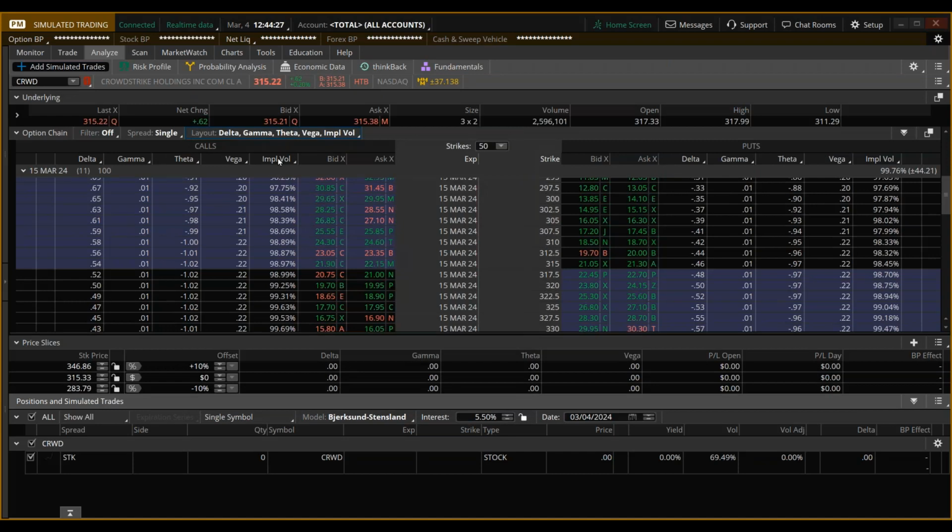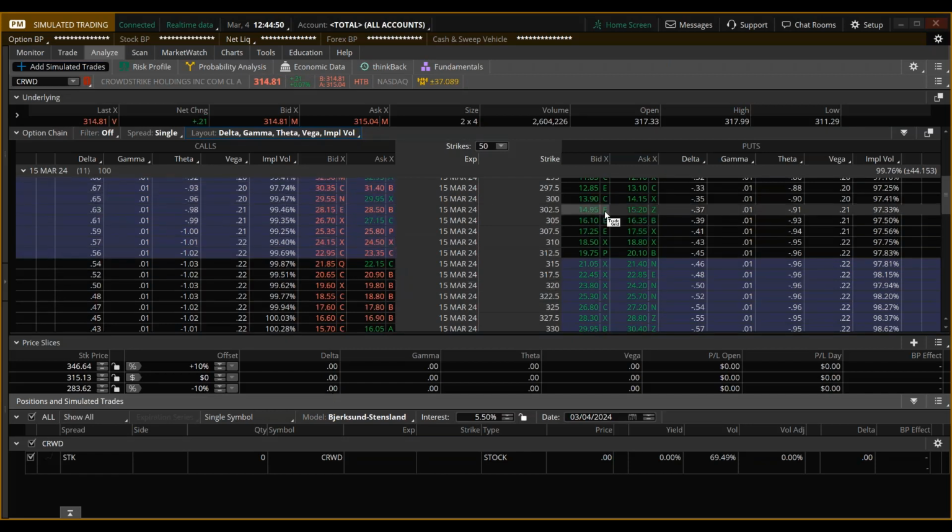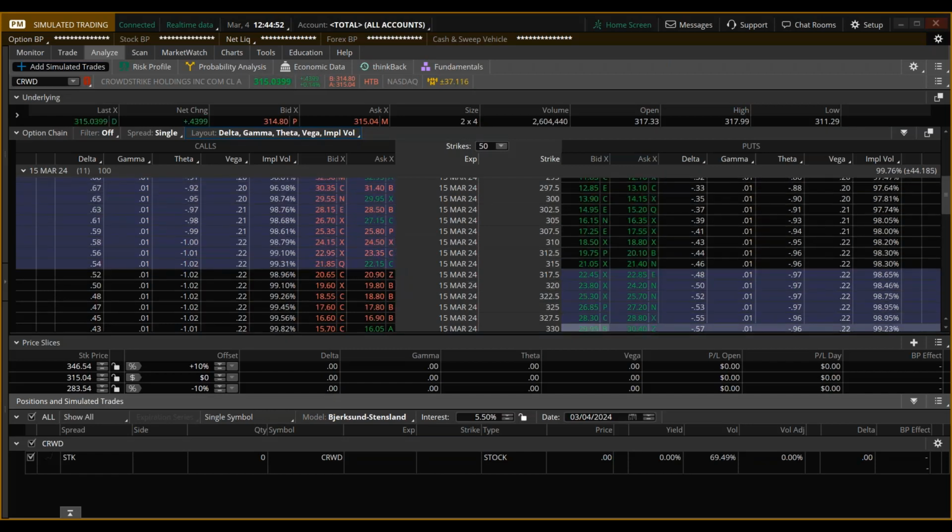So here, I just added the implied volatility column, and you can see that the 315 calls have a 98.68 IV. So why do they say that the IV of the options is 99.76? Well, it's taking that 98, and a bunch of these other IVs, and somehow using some formula that they won't divulge to us.